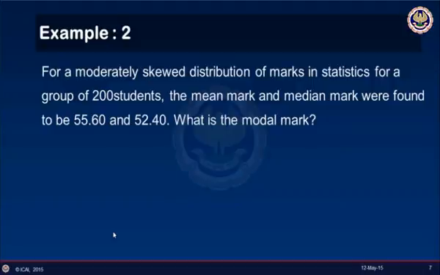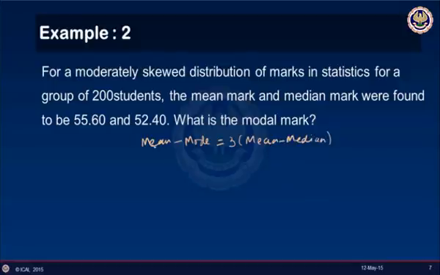Consider the following empirical relationship when mean, median, and mode are known. Mean minus mode equals 3 times mean minus median.